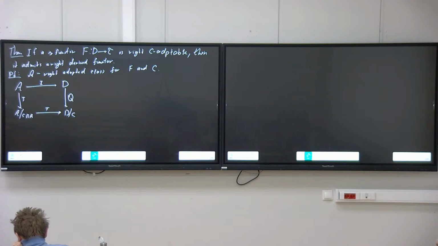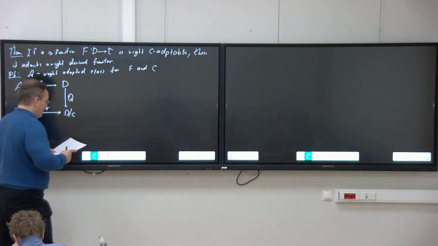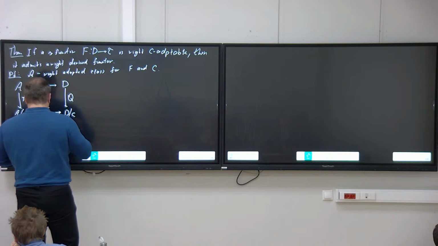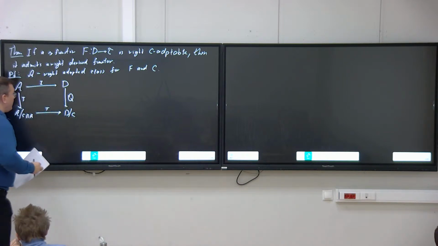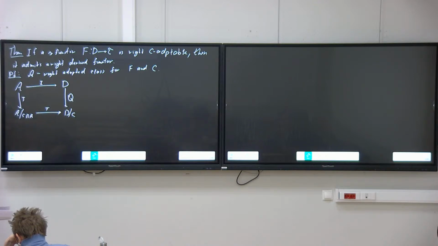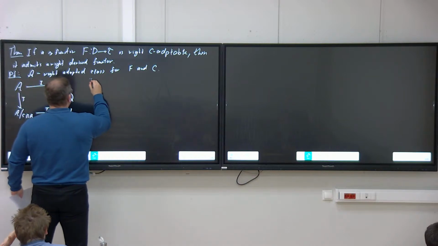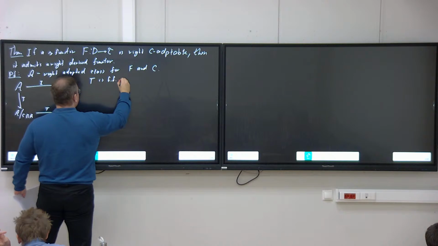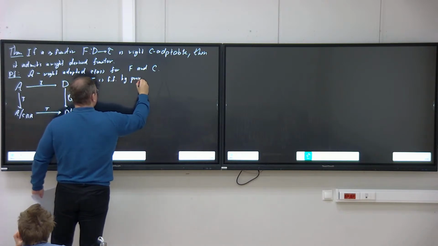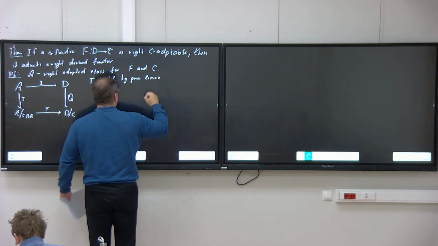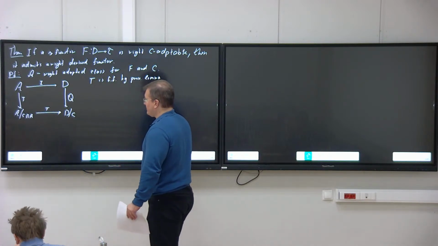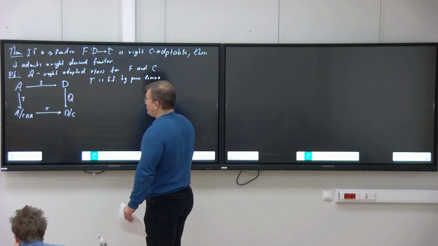T exists by the previous lemma because the second condition of the adaptability implies condition A of the lemma. I also know that T is fully faithful, by the previous lemma, which works because the second condition of adaptability implies the conditions of the lemma.